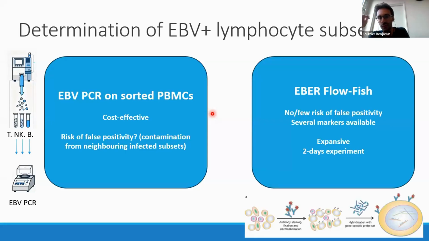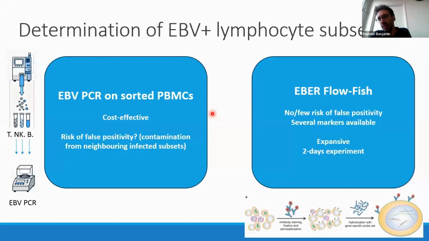There is a lower risk of false positivity, and it uses flow cytometry, and it combines an EBER probe that will target this EBV RNA that is present in all infected cells, combined with extracellular markers to see if you are in B, T, or NK cells.